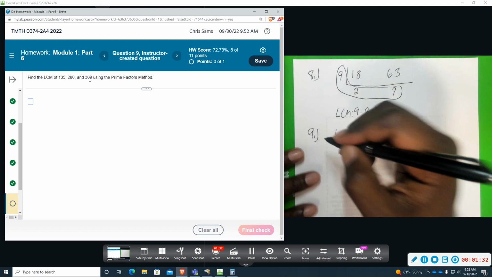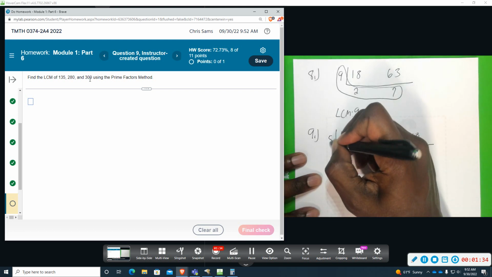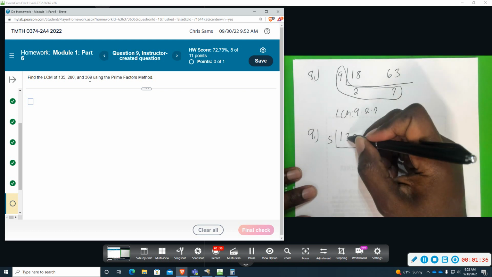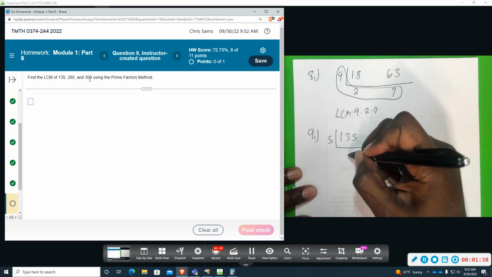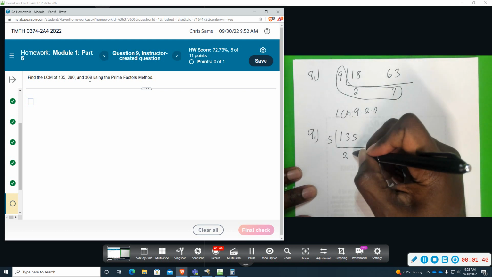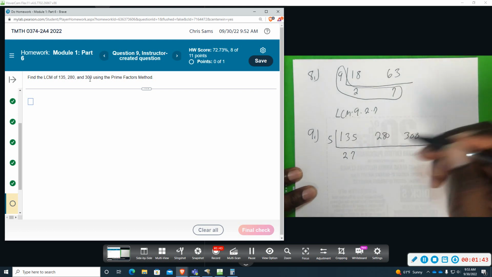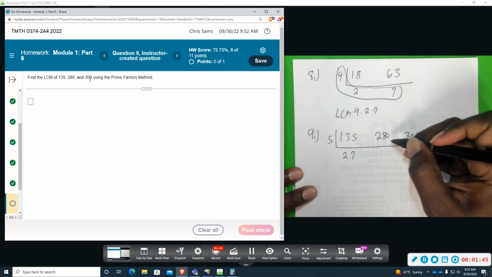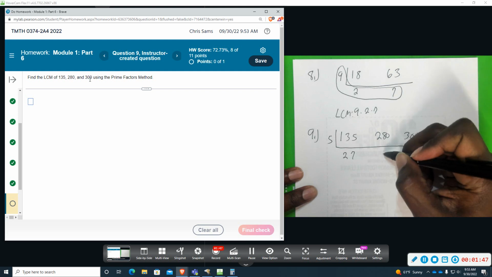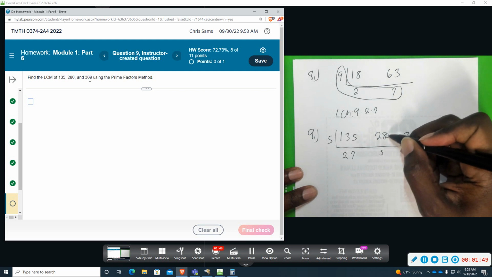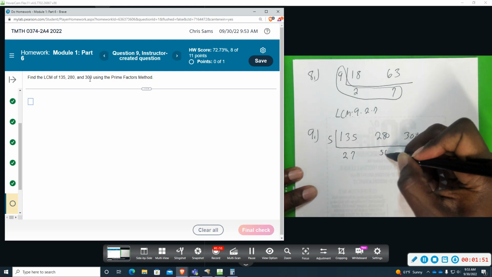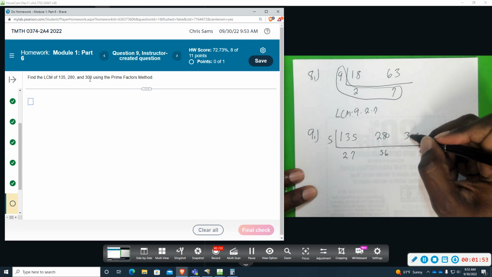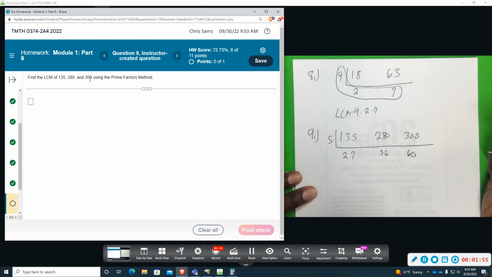All these can be divided by 5. 5 will go into 13 twice, and 35 7 times. 5 will go into 28 5 times. That'd be 25, subtract, that'll give you 3, and 30, 6, and 0.